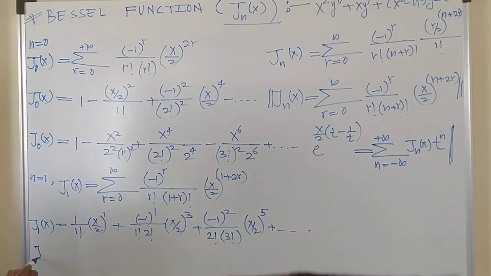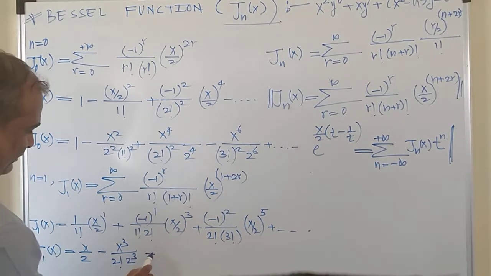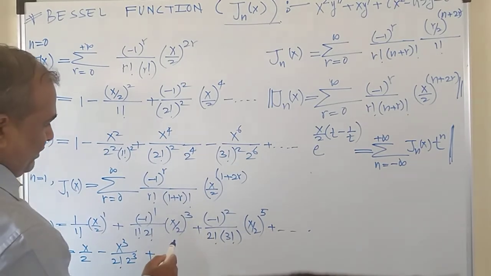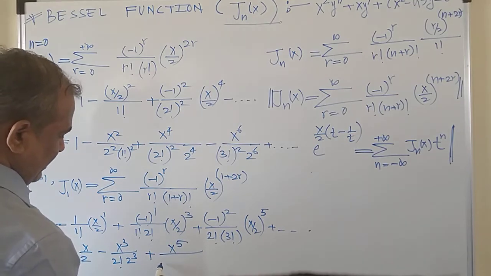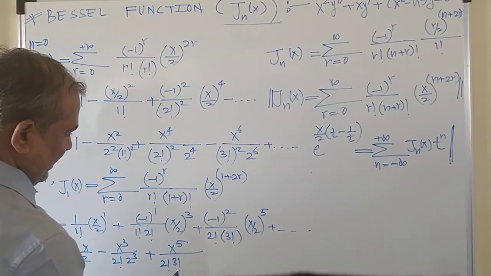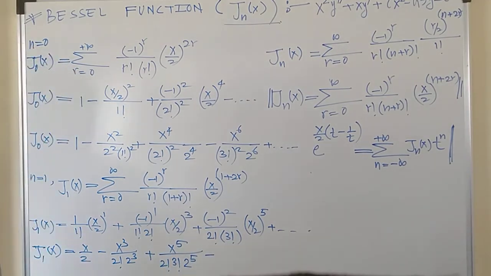So if you simplify, you will get J1 of x equals x by 2, and here you will get a negative sign, minus 1 raised to 1, that means negative x cube divided by 2 factorial into 2 cube, plus minus 1 square, that means positive x raised to power 5 divided by 2 factorial into 3 factorial into 2 raised to power 5, plus of course you will get alternate plus minus signs and odd powers.